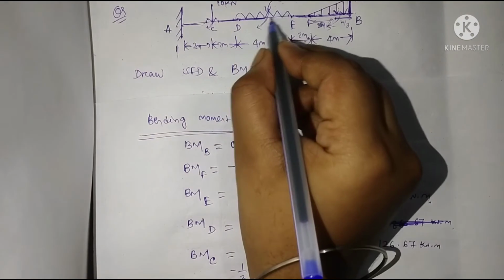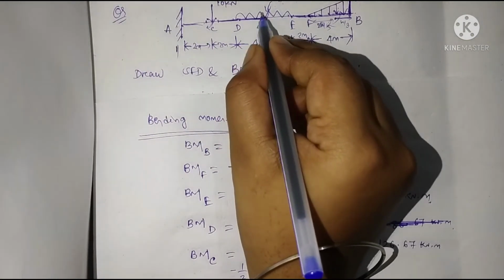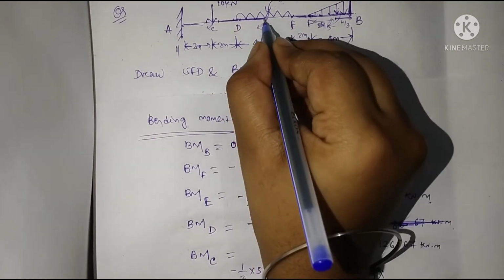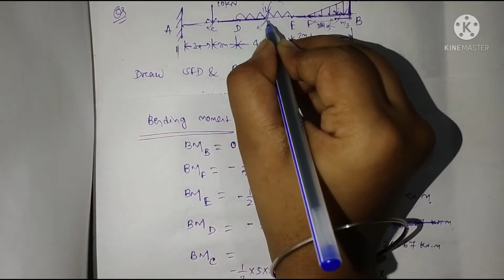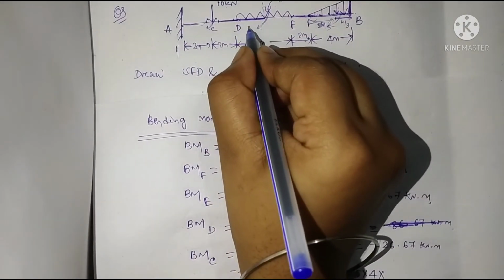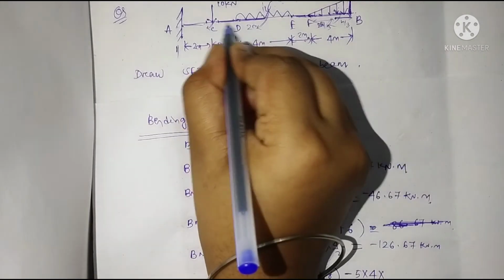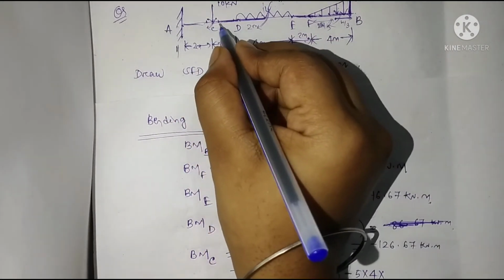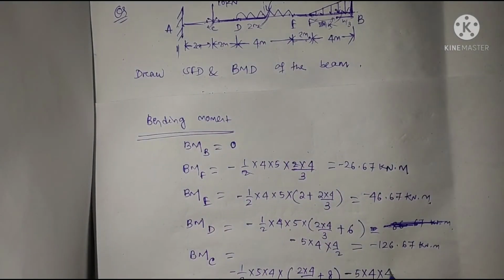And now add also this uniformly distributed load, that is minus 5 into 4 into distance. The total load is acting at CG, so this distance will be h by 2, means 4 by 2, this is 2 meter, and plus add this distance also, because we are calculating at point C, so this is 4.